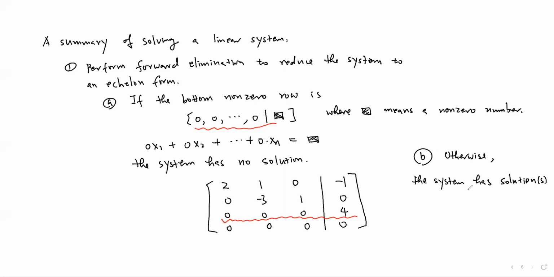If the linear system has solutions, continue to backward elimination. Now, this is step one. Now, step two, backward elimination.